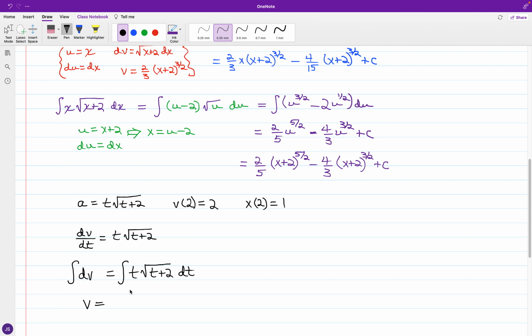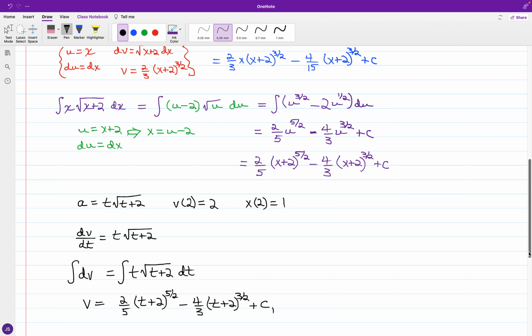Okay, so the antiderivative terms, we end up having 2/5 of t plus 2 to the 5/2, minus 4/3 of the quantity t plus 2 to the 3/2, followed by c sub 1.